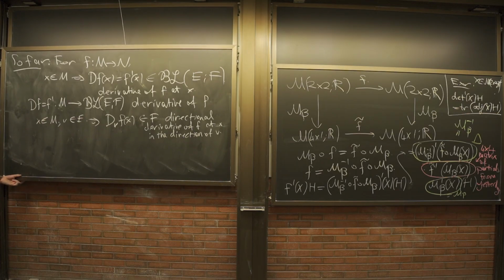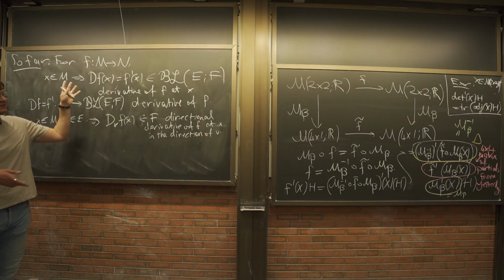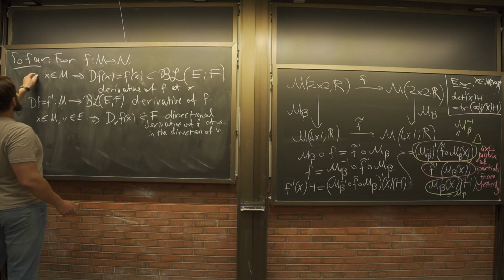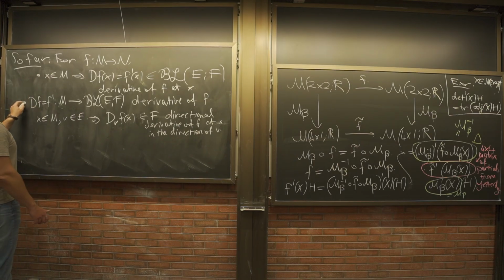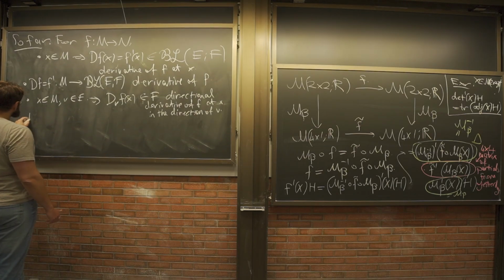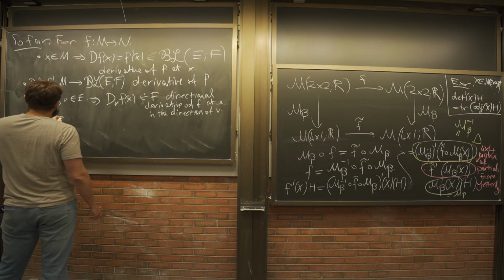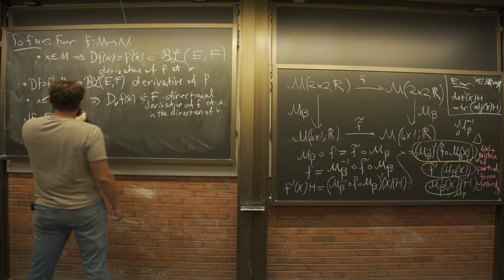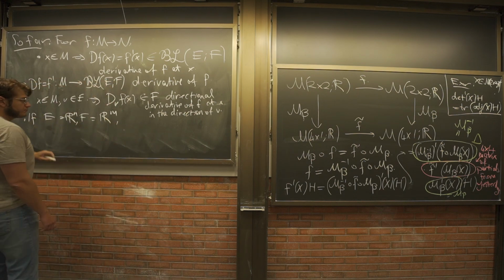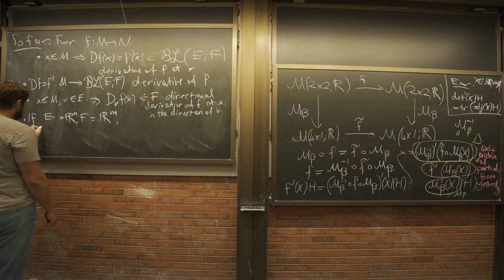And we had the partials, and this was in the case when E, the input vector space, was a space of tuples, and the output space was a space of tuples as well. So this is 1, this is 2, this is 3, and then so I have the partials.